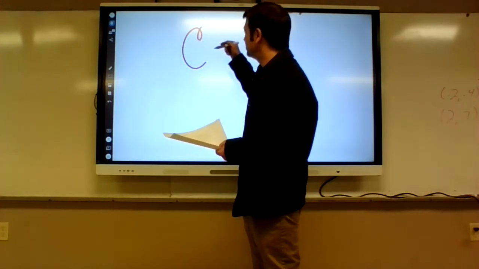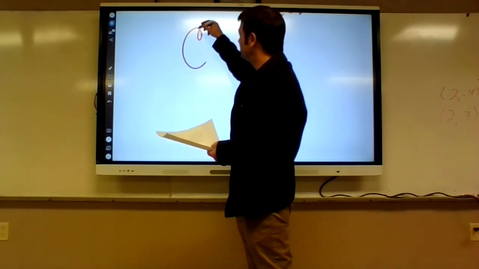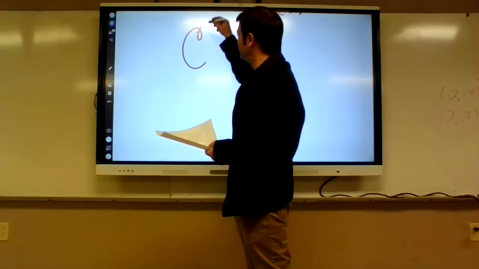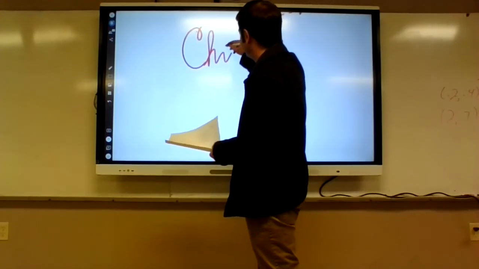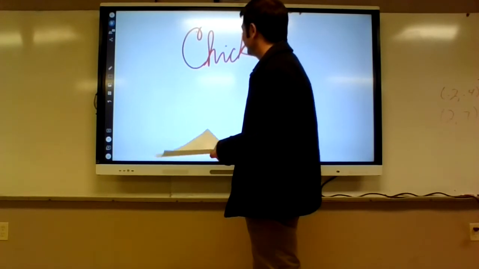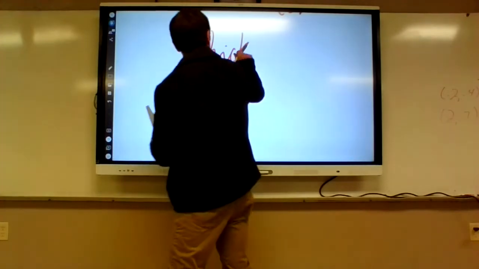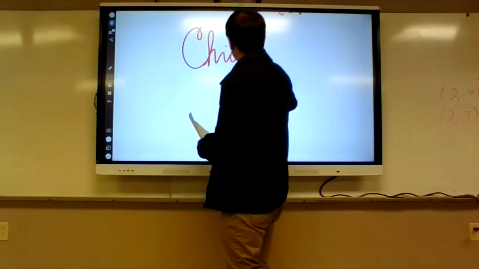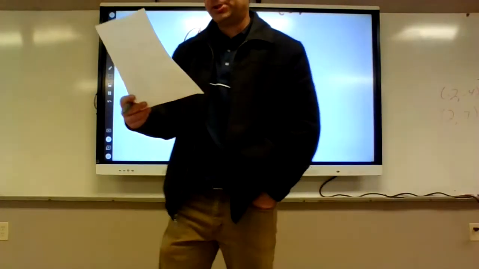No, the C is a chick. It has little feathers, there's an eye right there. Yeah, keep going. Where's the fillet? Oh, no, so close. You're so close.